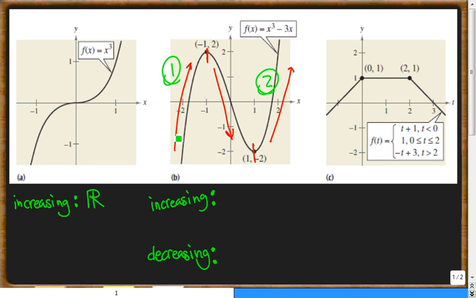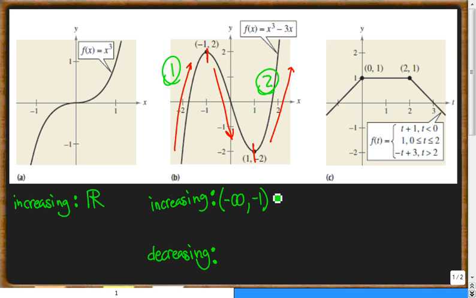If we're coming all the way from the left and we are increasing, we have to include that it starts at negative infinity, or wherever the domain starts. So we start there, and we keep getting larger, and we hit our maximum at -1. But that's not a good enough answer because we have two places.